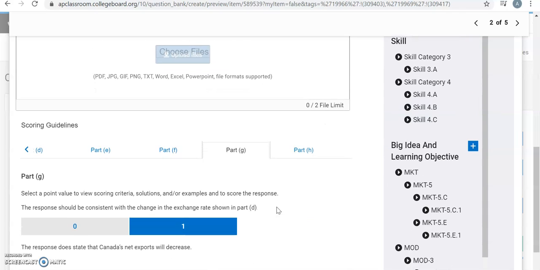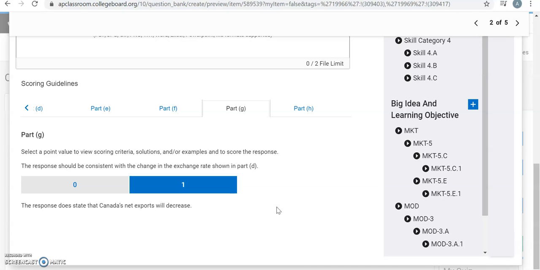Net exports will go down because Canadian products begin to cost more. So exports out of Canada for their products will go down. So there will be a decrease in net exports.